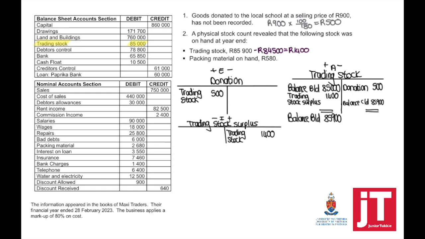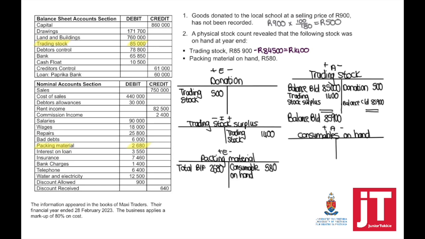For every debit, there's a credit. Packing materials on hand, 580. Packing material is an expense, which means the total brought forward is on the debit side. Whatever is left over is subtracted and taken to consumables on hand, which is a current asset.